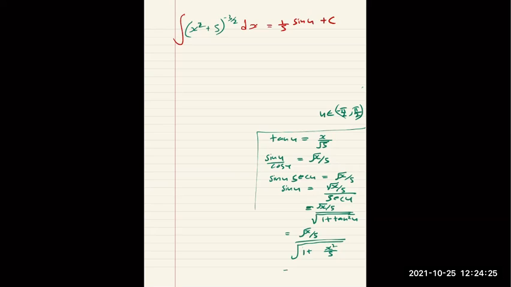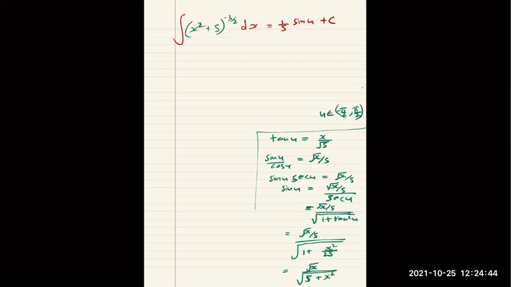Simplifying this a little bit, you will get square root of x divided by 5 plus square root of 5 plus x squared. That's what you get if you simplify this expression. This should be 25, by the way.